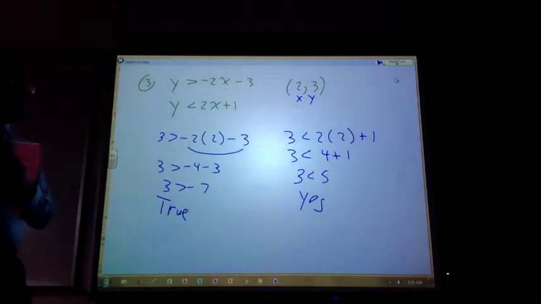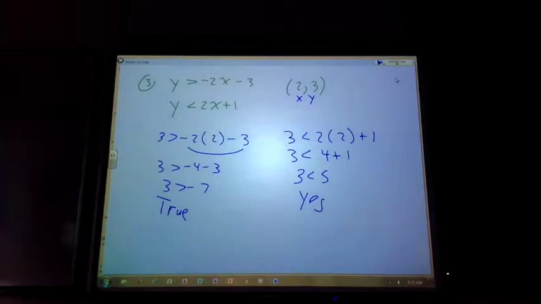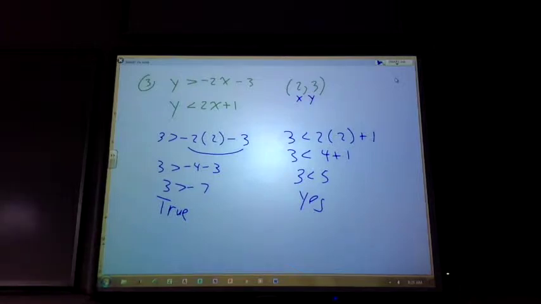So, let me ask you this. Do you think that 2 comma 3 falls on either of the lines? What was it doing to fall on the lines? What was the scenario? Because this gives us a true situation, right?